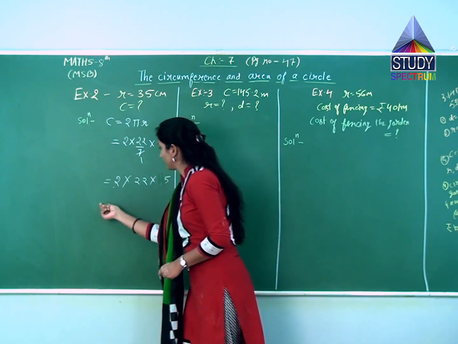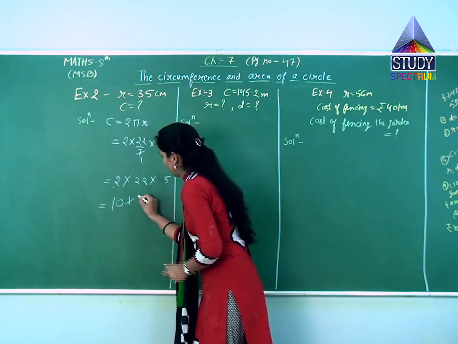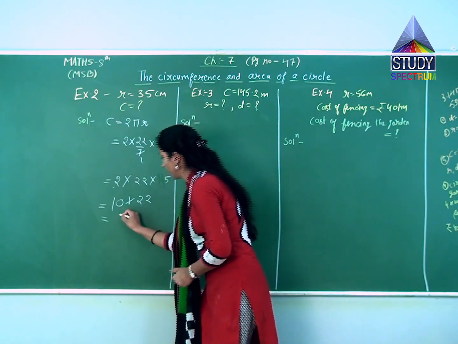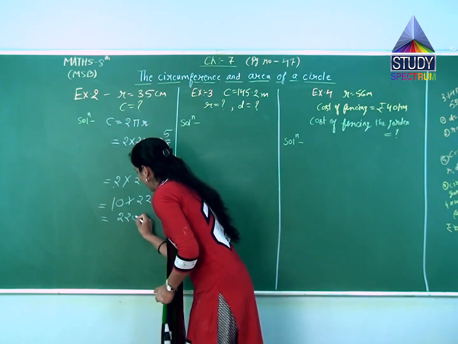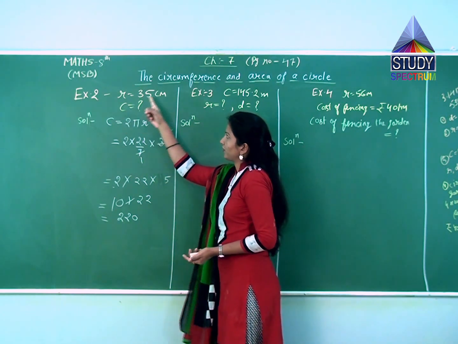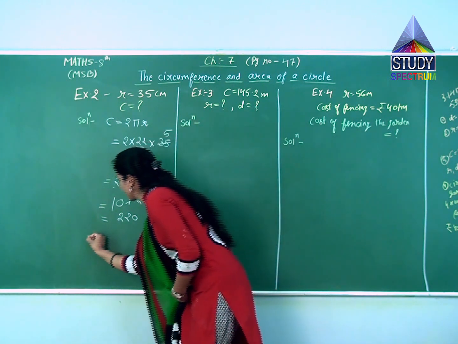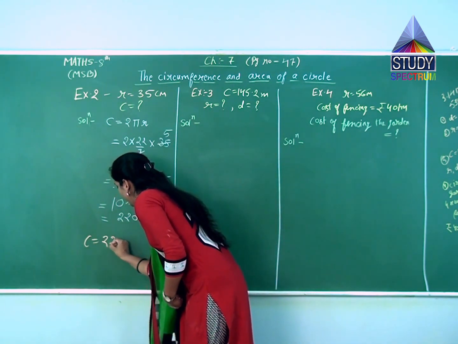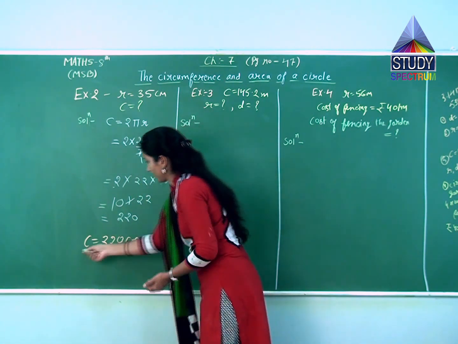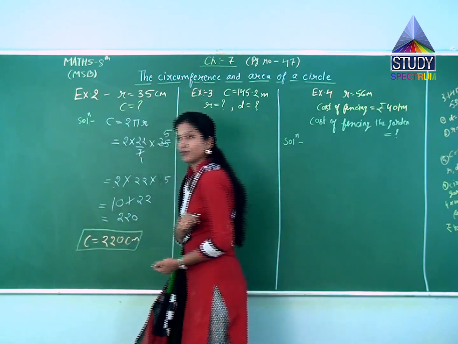Now 5 twos are 10 into 22, and 22 tens are 220. So our desired circumference for the circle, which is having the radius 35 centimeter, is 220 centimeters. This is our required solution.